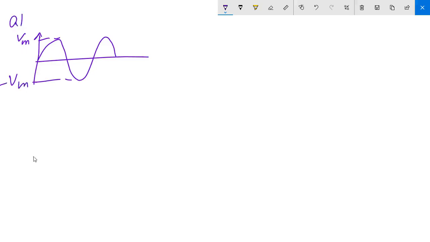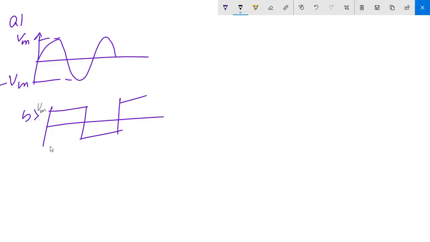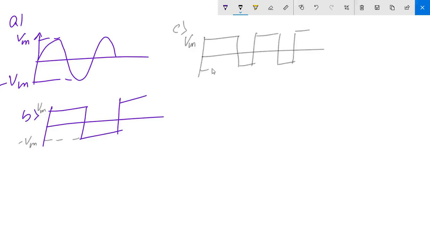Identify whether these waveforms are AC or DC, and whether they have an RMS value or average value. Let us check how much basics you have.